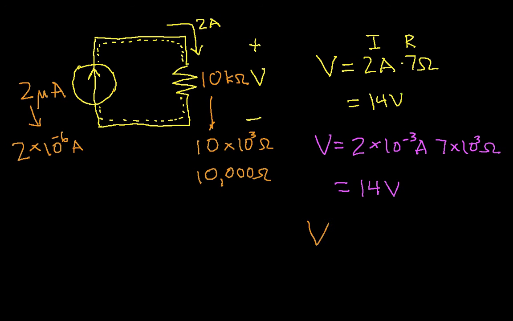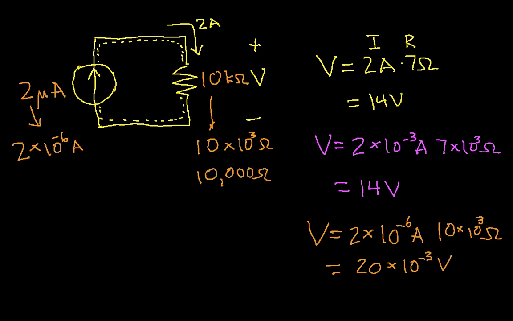Well, the voltage now across that resistor is going to be the current times the resistance, and when I work this out, I get 20 times 10 to the minus 3rd volts. Okay, 10 to the minus 3rd, if we replace that by a prefix of milli, we would have here 20 millivolts.